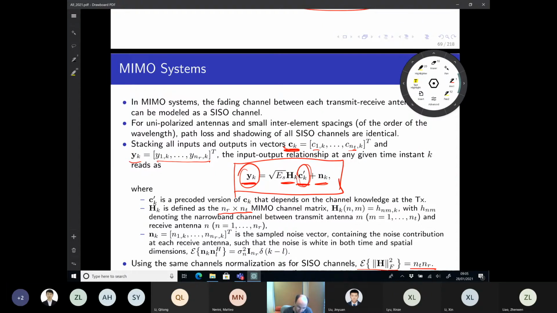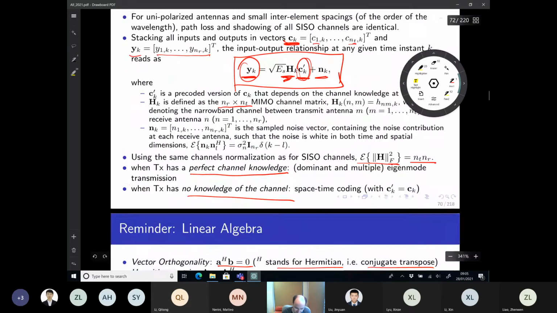And so what we looked at, we looked at the case where we don't know H at the transmitter. So that's what we finished with last week, and we already knew a little bit about this before, because we've seen what Alamouti coding is, and we saw that you can achieve some diversity gain even if you don't know H at the transmitter, right? We have done this for the MISO case, single receive antenna. We have done this for the MIMO case when you have multiple receive antennas.